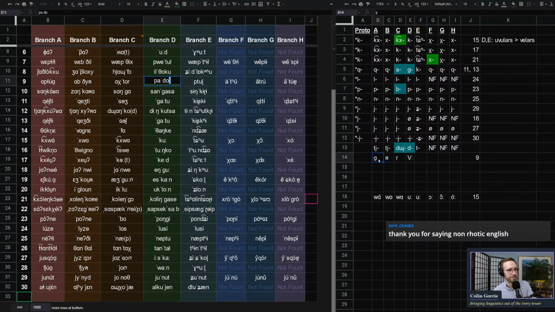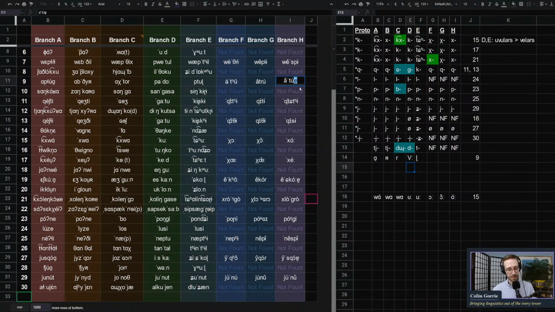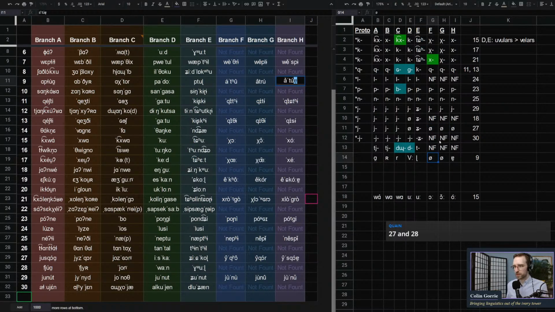We have an off glide in A, we have the uvular rhotic in B, we have the coronal rhotic in C, we have vowel lengthening in D, we have the retroflex lateral in E, and then we have some stuff going on with tone as well, but we have an off glide in H, and potentially loss with some tone action.